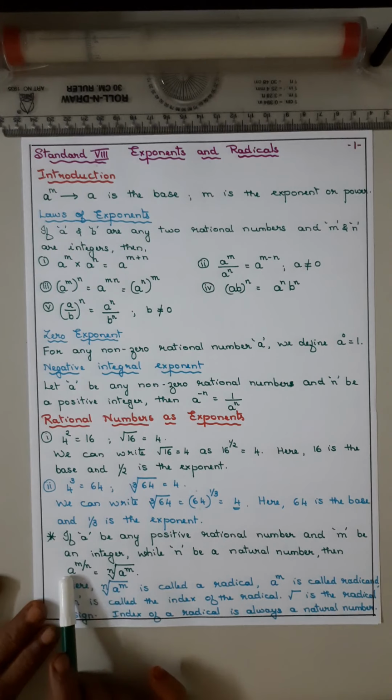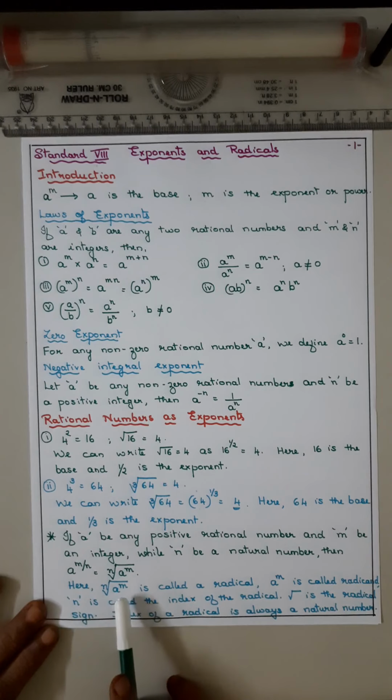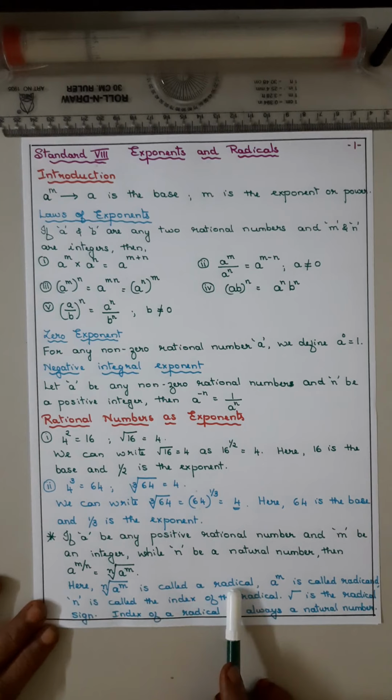So a to the power m by n can be written as, the denominator is n, so it will come out, that is why nth root of a to the power m. Here nth root of a to the power m is called a radical.